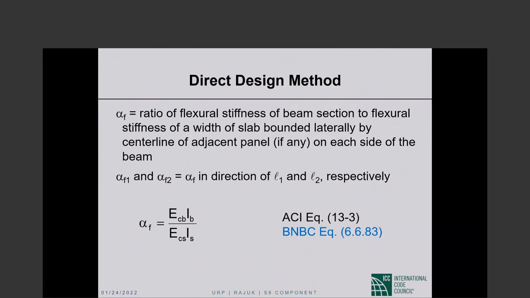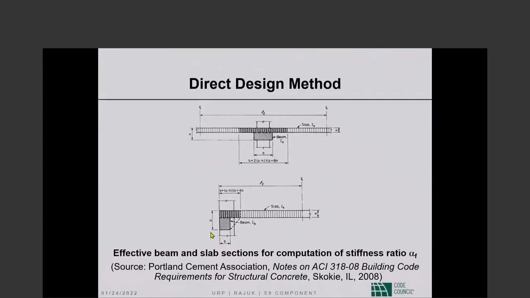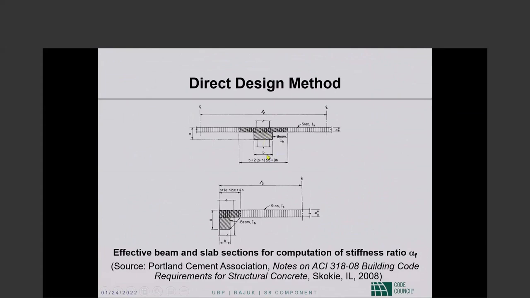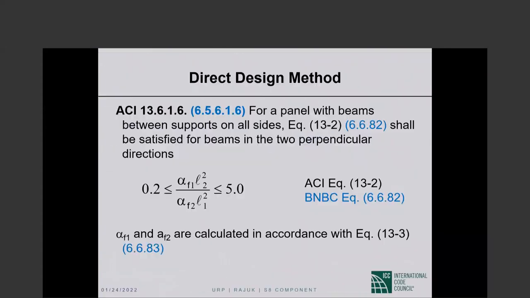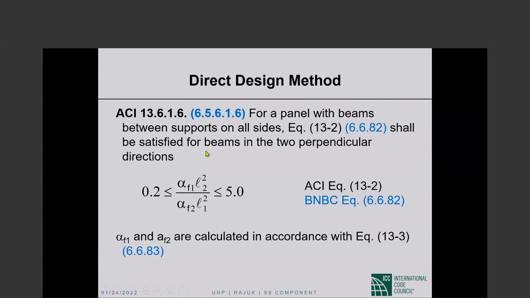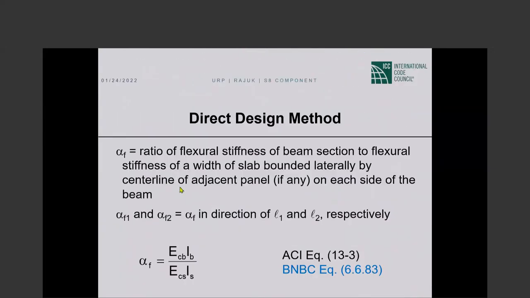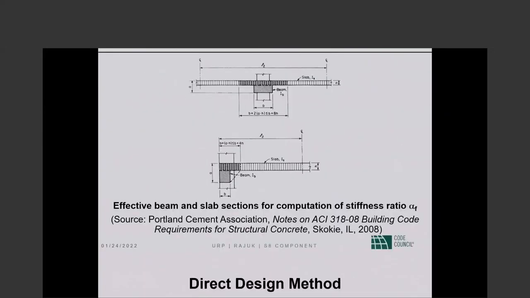Alpha sub F is the EI of the beam divided by EI of the slab, and the beam includes a part of the slab. All of that we have gone over. So this is kind of repeated. Alpha sub F was actually defined before, and we have said nothing new here.